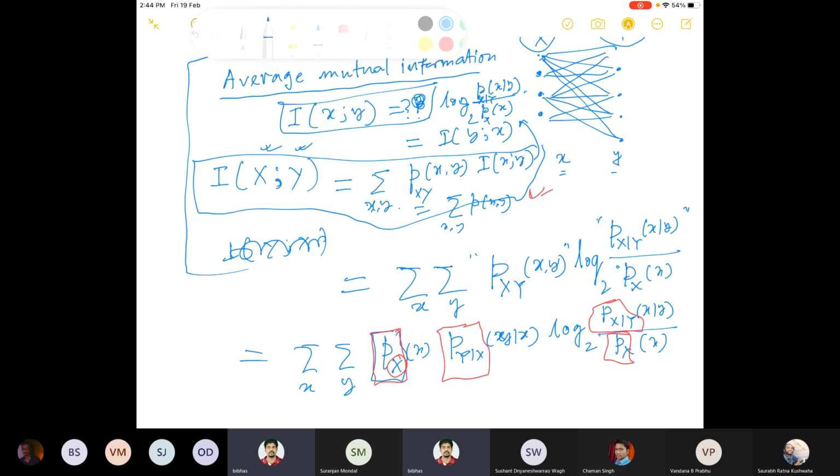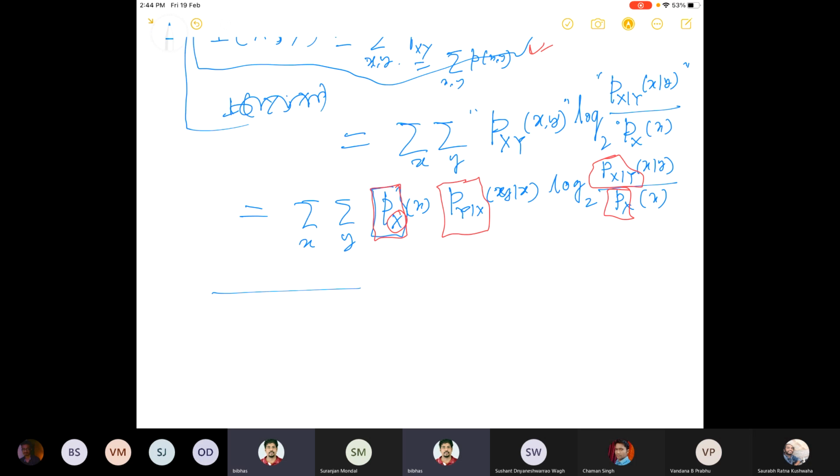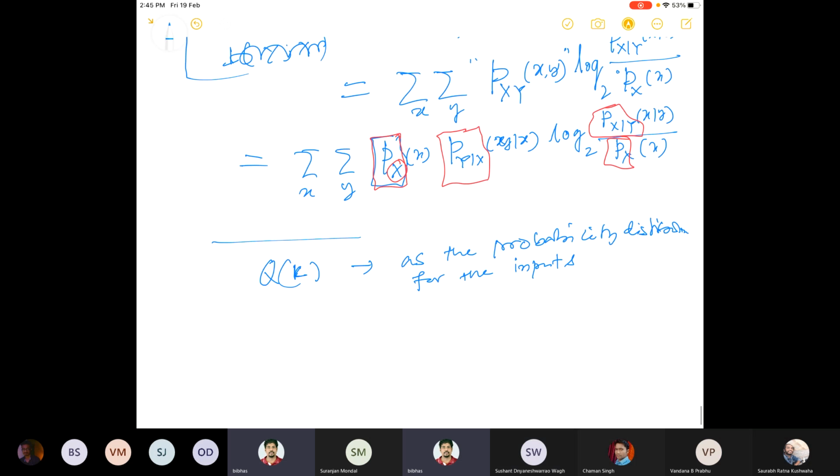So let me first introduce the notations which we'll be considering. We'll write qk as the probability distribution for the input source, for the inputs. And we'll just write P for j given k.